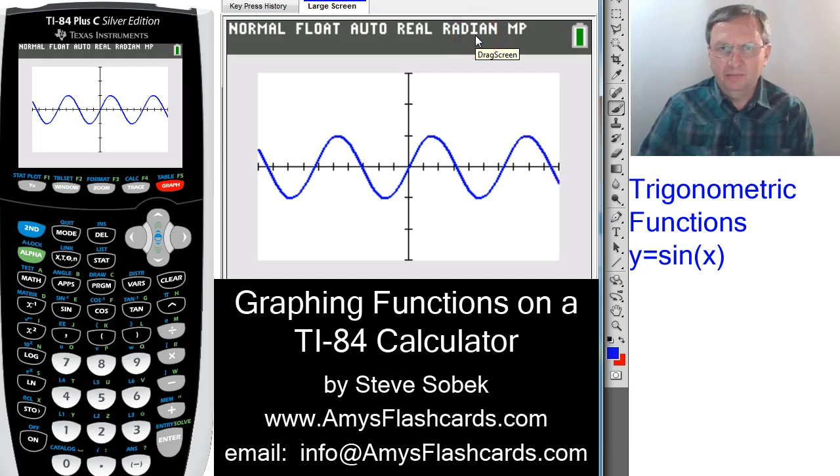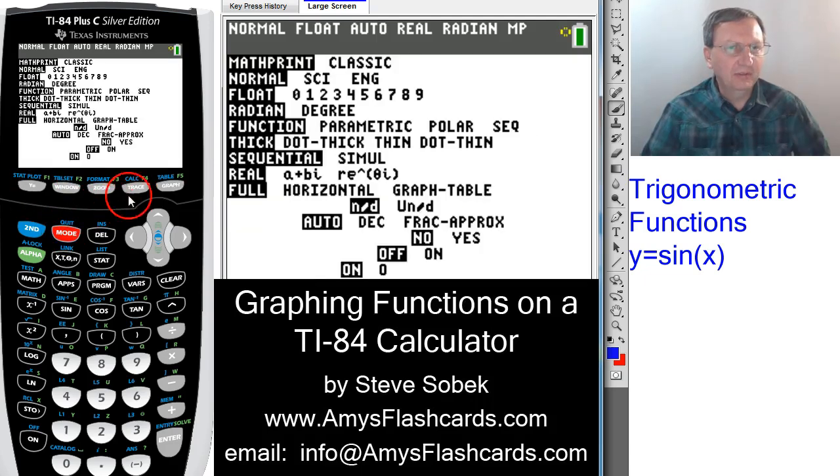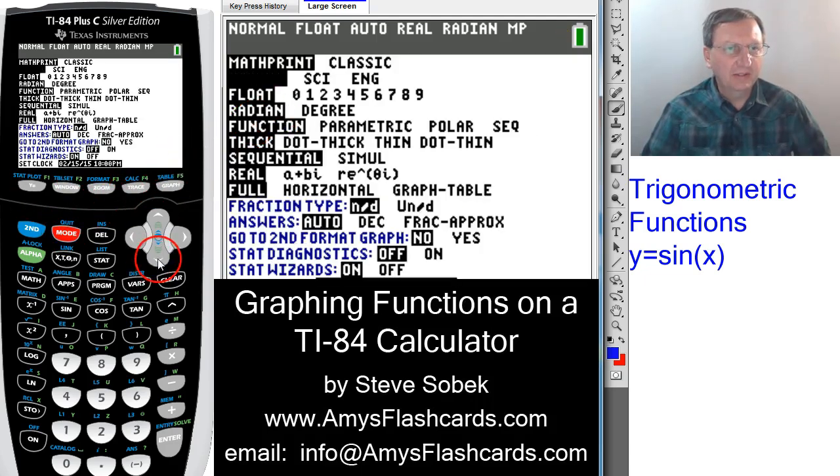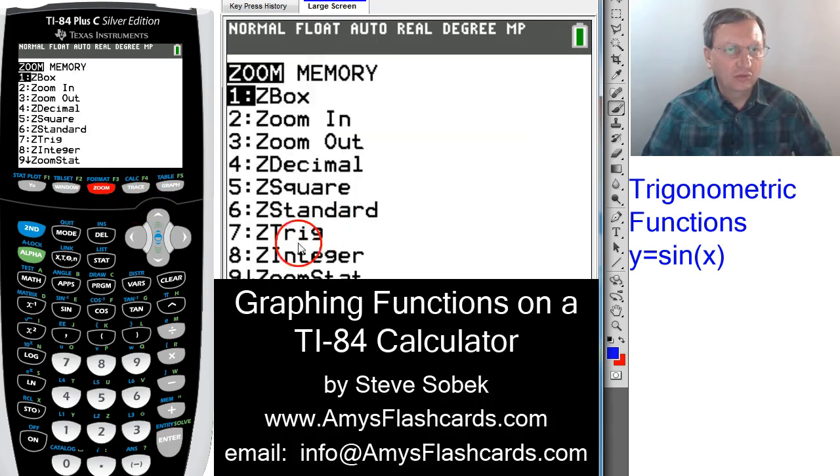If you're in degree mode, remember that the period of the sine function is going to be 360 degrees. So we need massive values for x max if you want to see a full period. All right, let's click mode. Let's come down here to highlight degree, hit enter, and then do a zoom trig.